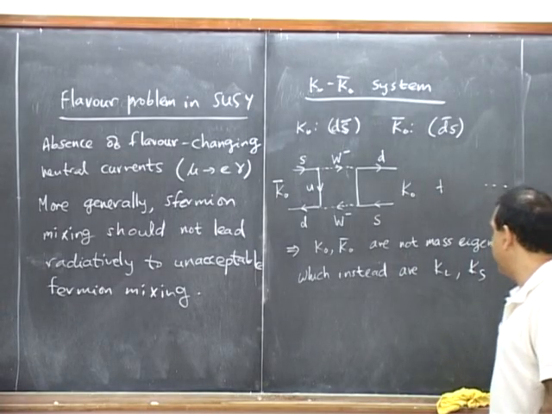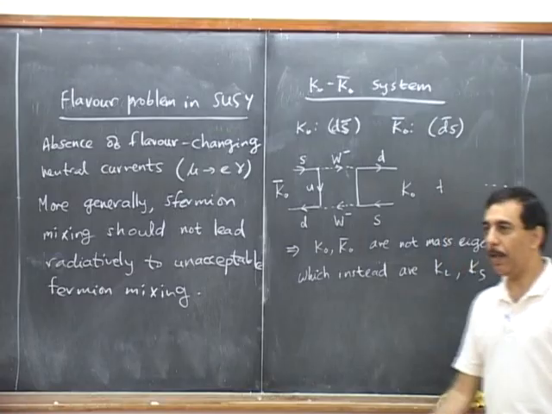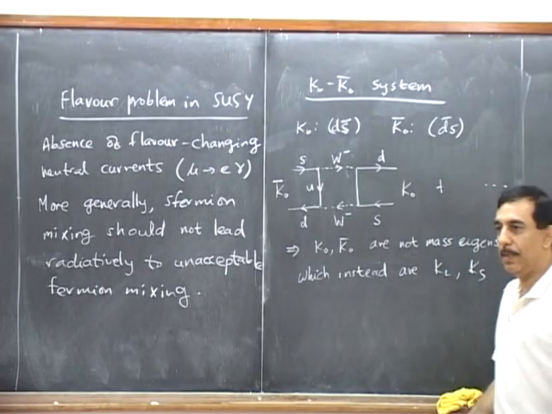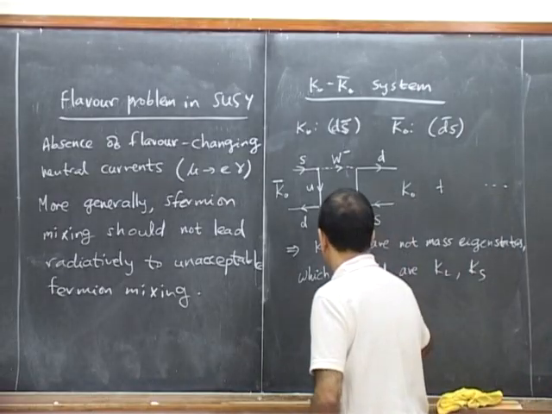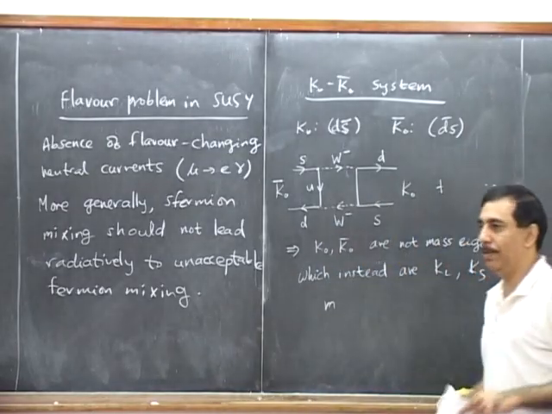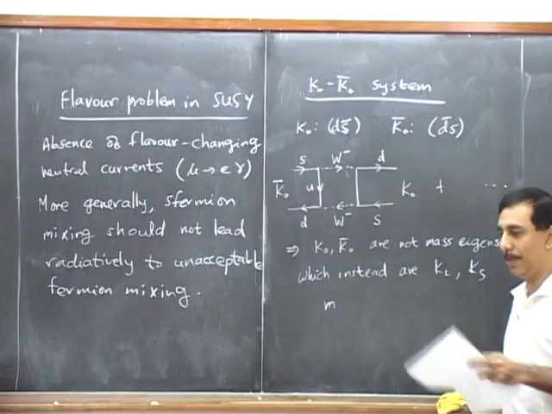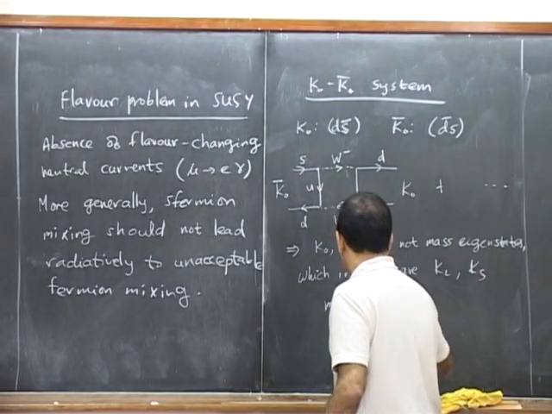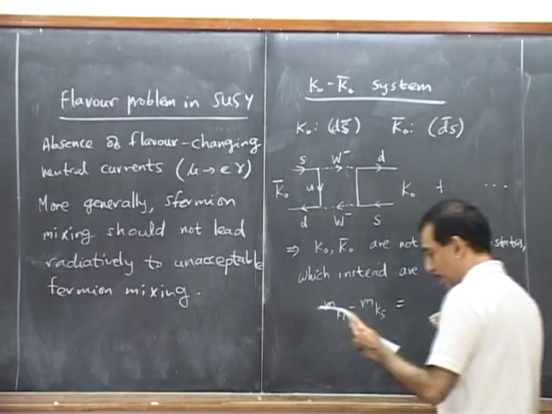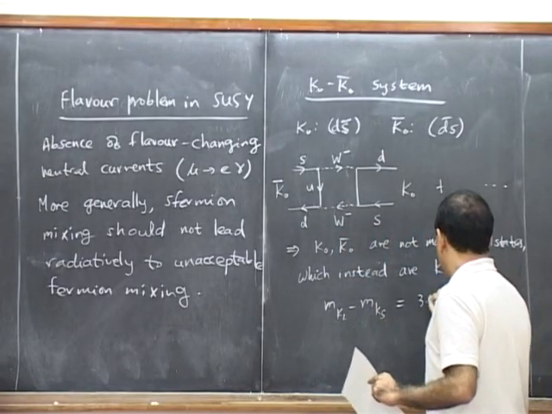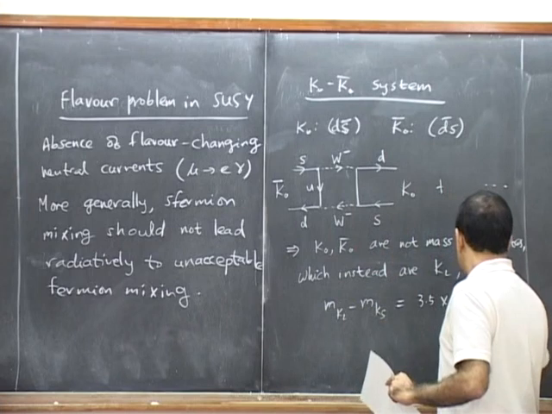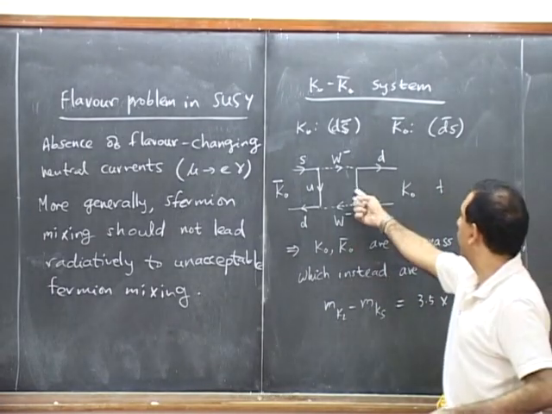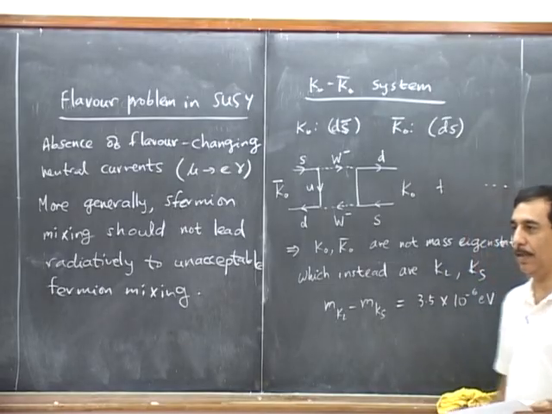And they have different lifetimes because they decay differently. And the important thing is that they have different masses as a result. Generically, mixing always leads to different masses because obviously if there weren't different masses, then it would undo the mixing. And the experimental result is that the mass of K long minus the mass of K short is 3.5 times 10 to the minus 6 eV. Okay, and that's basically accounted for by these diagrams in the standard model.